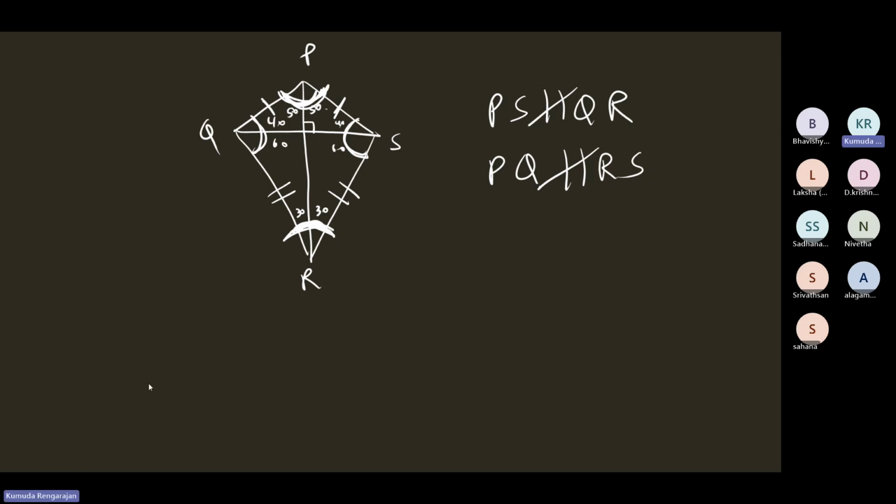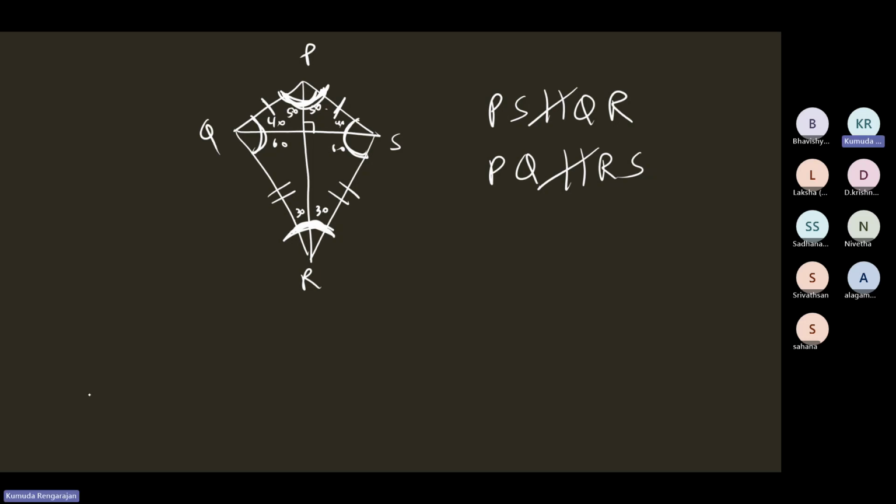So very important, in a kite, both the pairs of opposite sides are not parallel. A kite is a quadrilateral in which two pairs of adjacent sides are equal. The diagonals are unequal. The diagonals are perpendicular to each other.